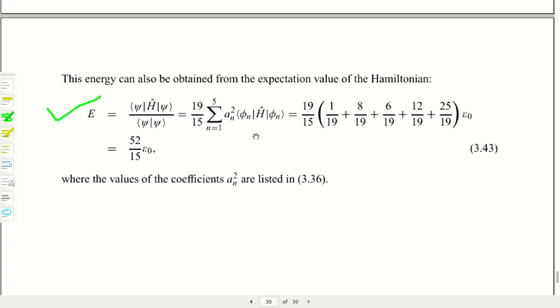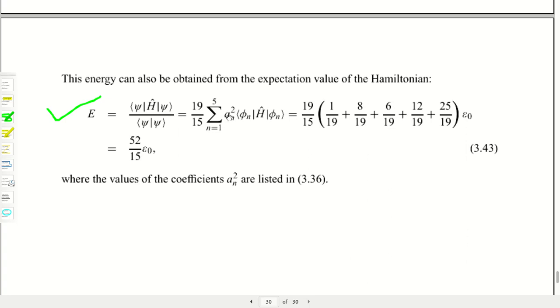I will come to that later, and you will understand it then. It is not easy for me to explain here why the H operator operating on phi n gives you En phi n. Because of that, En comes out of this term, and phi n is 1.